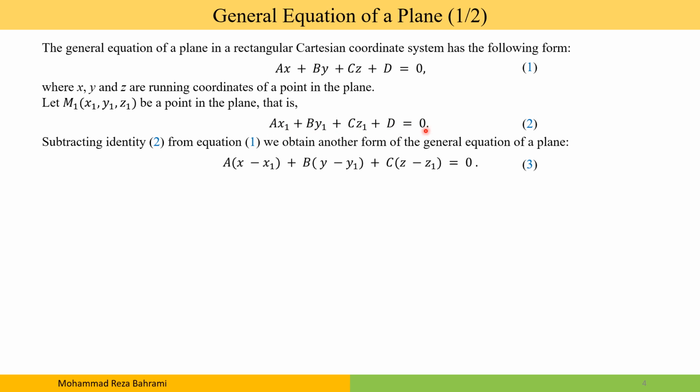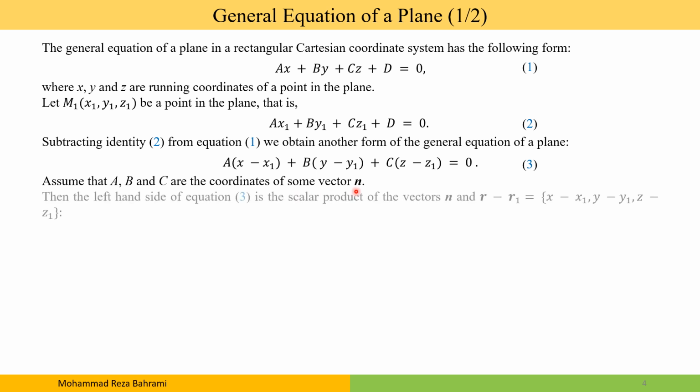Subtracting equation number 2 from equation number 1, we obtain another form of the general equation of a plane, as you can see here. Assume that A, B, C are the coordinates of some vector n.